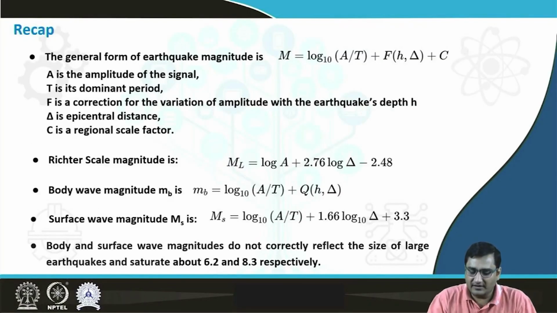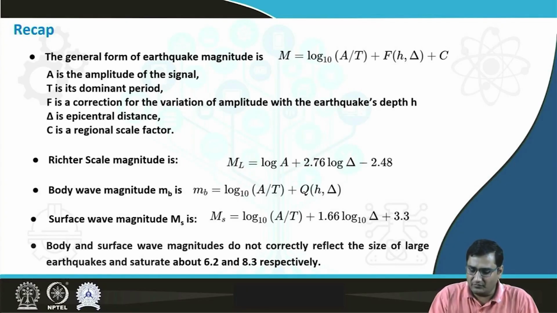As far as the recap of the previous lecture is concerned, we learnt about various magnitude scales and their general empirical forms, and also we have seen why and where the surface wave magnitude and the body wave magnitude scales saturate, and the reason behind their saturation we will see today.